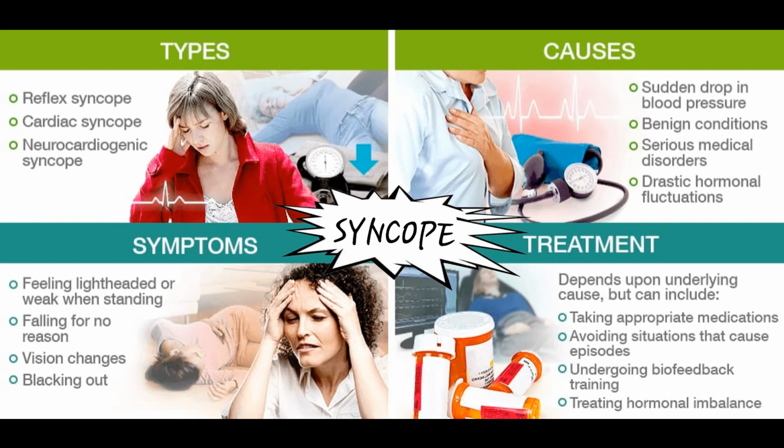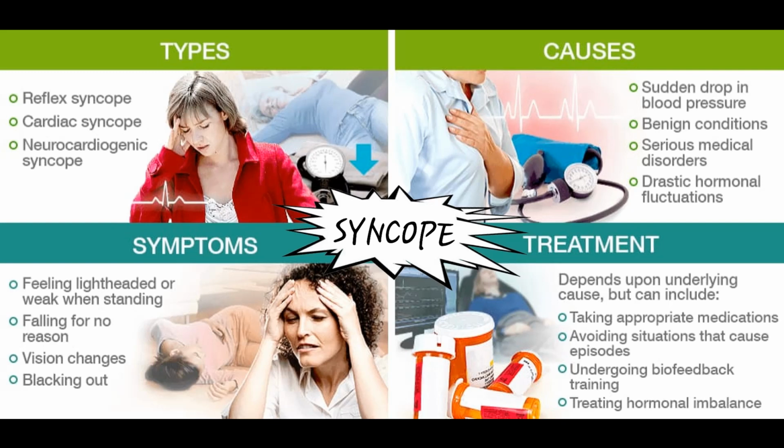The commonest causes for syncope are as follows. It can be a sudden drop in blood pressure, a serious medical disorder, any drastic hormonal fluctuation, or any benign condition. The usual symptoms associated with syncope: feeling lightheaded or weak when standing, falling for no reason at all, vision changes, and blacking out.